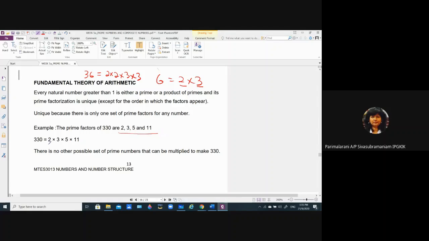So 330 can be written as a multiplication of all prime factors, and this is unique. It doesn't have any other set of prime numbers. So that is the fundamental theorem of arithmetic. You just need to remember these first two lines here, that every natural number can be written as a product of primes.